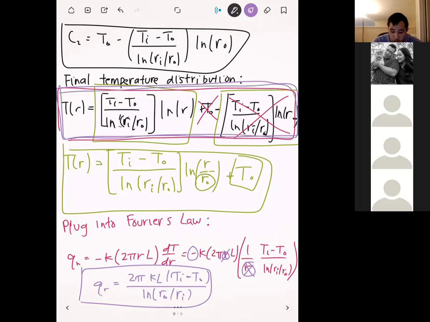And so we basically take the derivative of every term with respect to r. For the very first term, we have (T_i minus T_o) over ln of R_i over R_o, and all that's a constant, so we can ignore that in the derivative. And then we have the natural logarithm of r, and the derivative of natural logarithm is just 1 over r. And so that's how we got this guy right here.